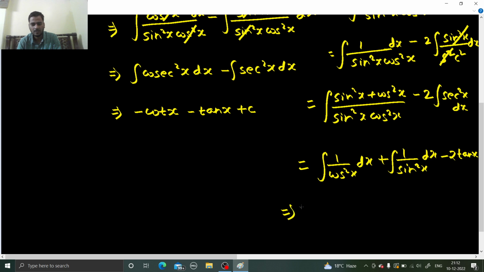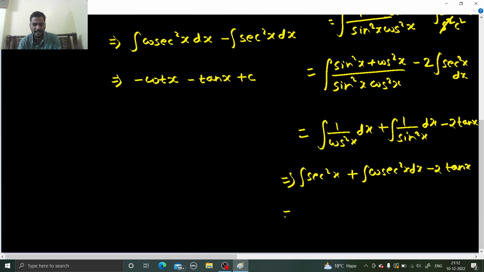Here 1 by cos square x will be secant square x. Here it will be cosecant square x. Here it will be minus 2 tan x. I will write the constant c in the last. Integral of secant square x will give you tan x. Here you will get minus of cot x. From here you will get minus 2 tan x plus a constant c.